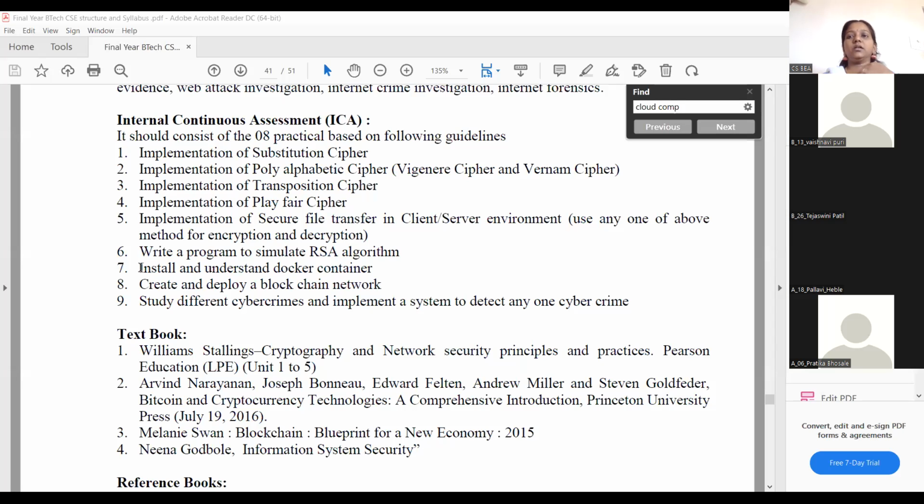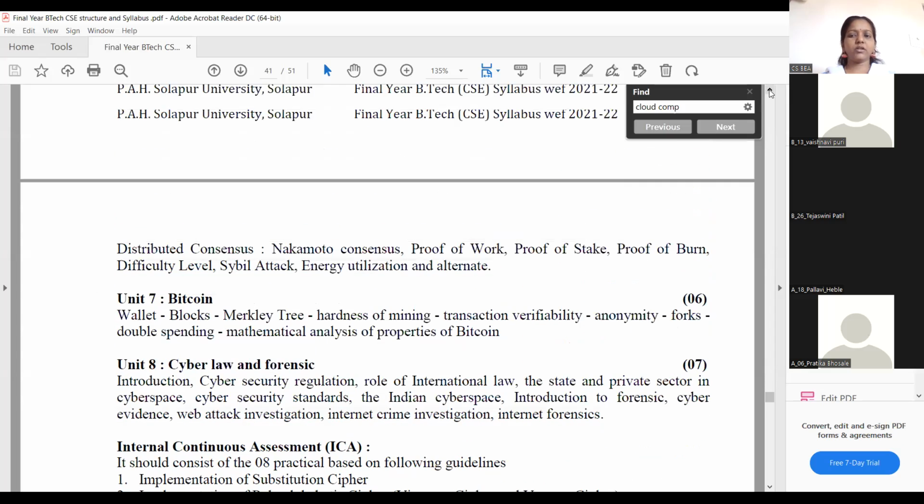I will share that particular syllabus PDF with you. I think that is already with you. This is the syllabus part for the ICS.